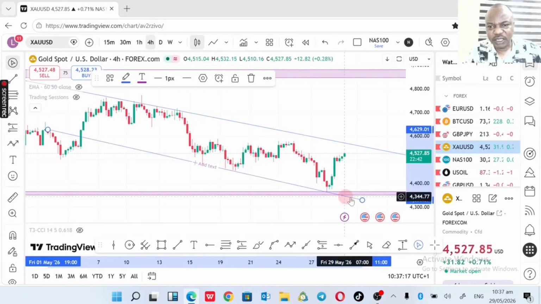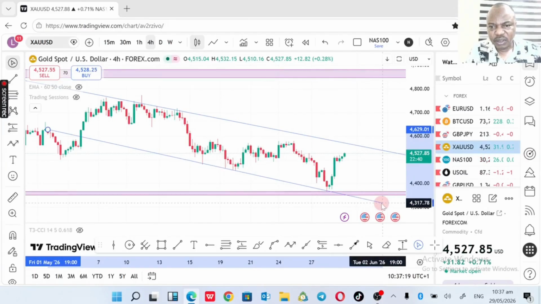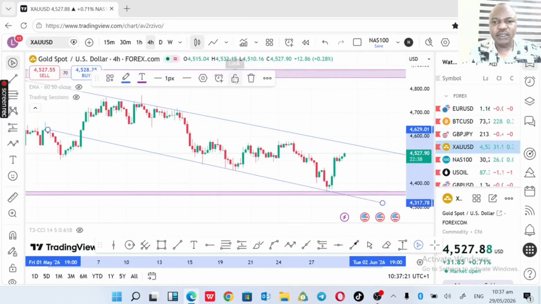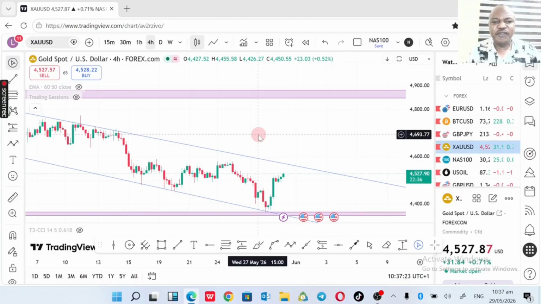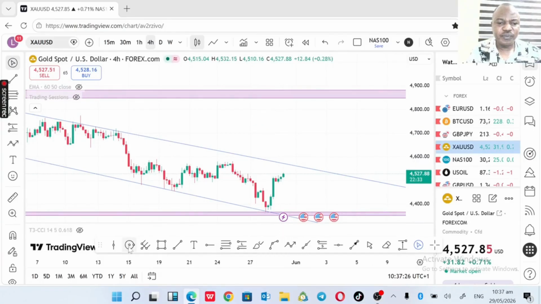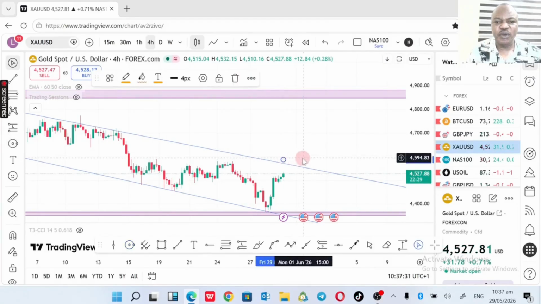Now this forms a channel for us. This forms a clear channel to show that if there's any breakout in this zone, this is what we'll be looking at.